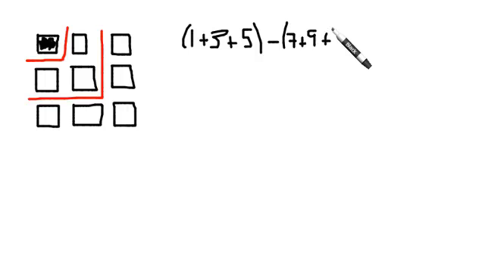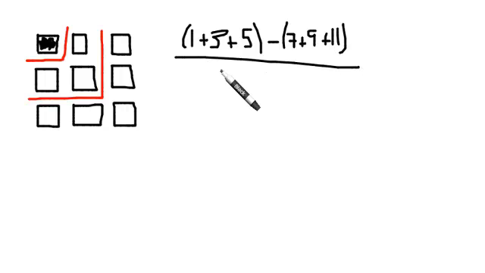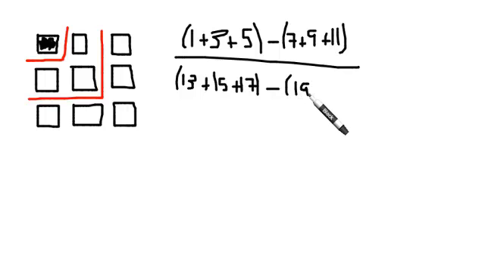And then I'll do the same thing on the bottom. I'll divide by the sum of the next 3 odd numbers, so we have 13, 15, and 17, and then I'll subtract the next 3 odd numbers, 19, 21, and 23.